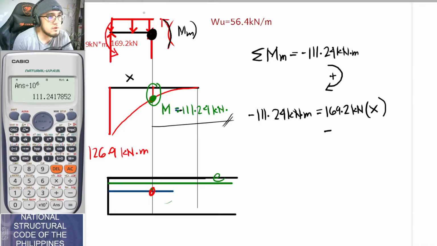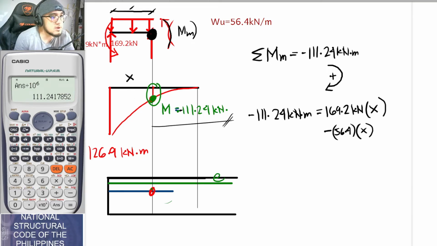And as for the loading here, that is 56.4, or just get the resultant of 56.4 times the lever arm. So with that, guys, since this is a line load or a uniformly distributed load, multiply 56.4 by the total length, and that is x. So times x.